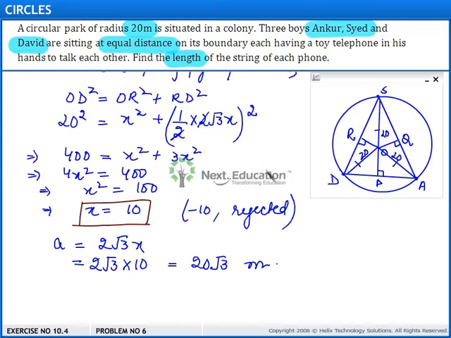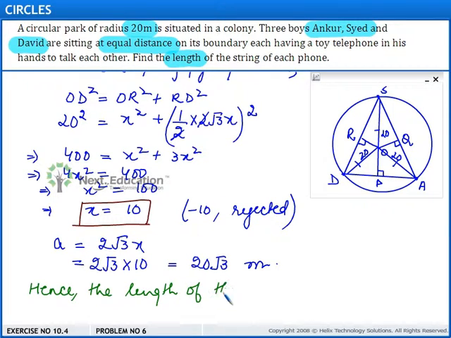And hence we can say that the length of the string is 20 root 3 meters. This completes the solution.